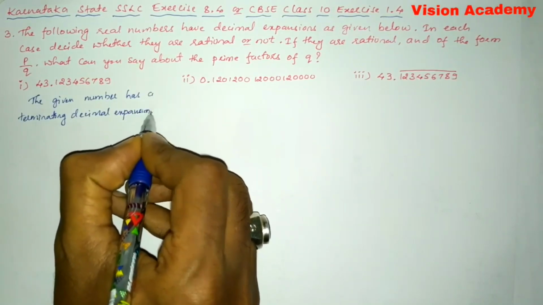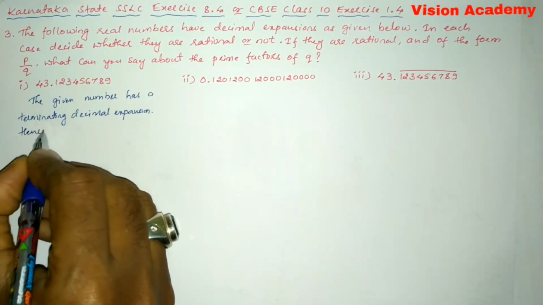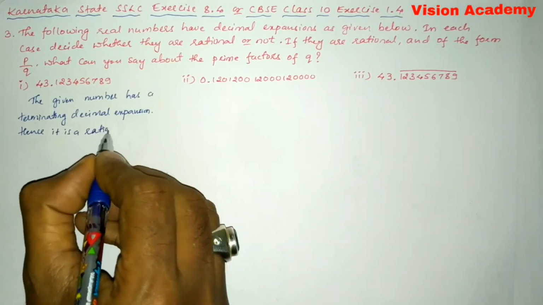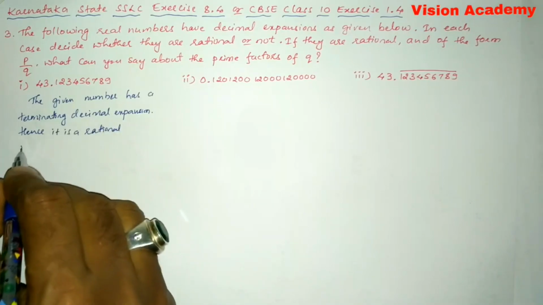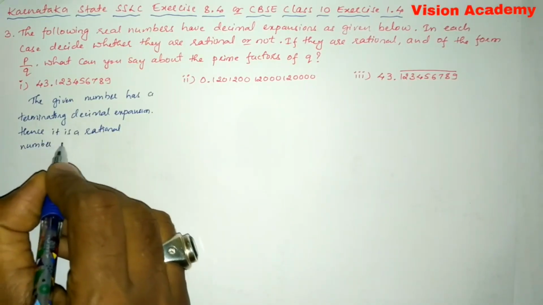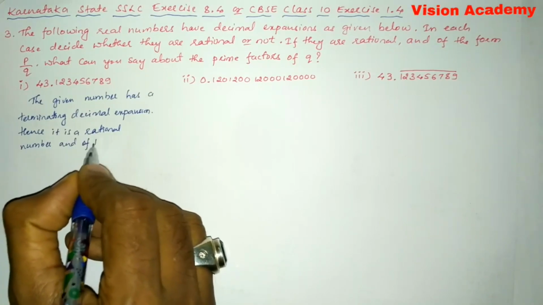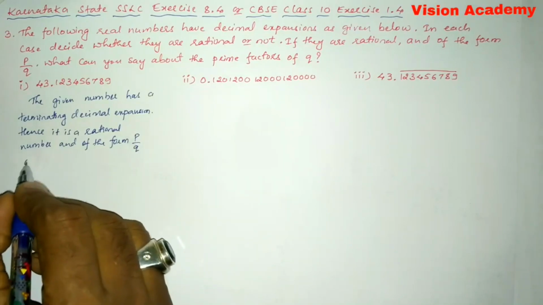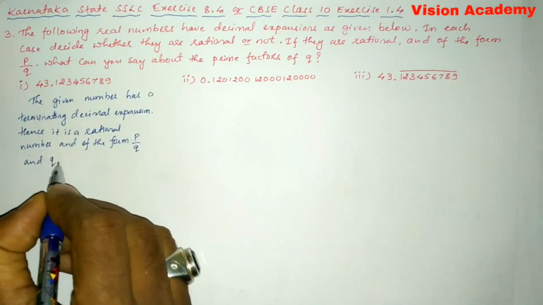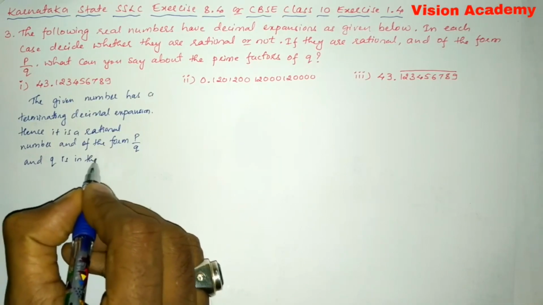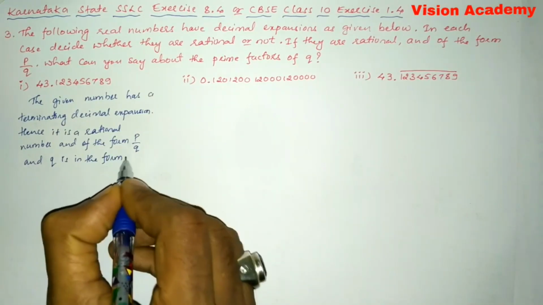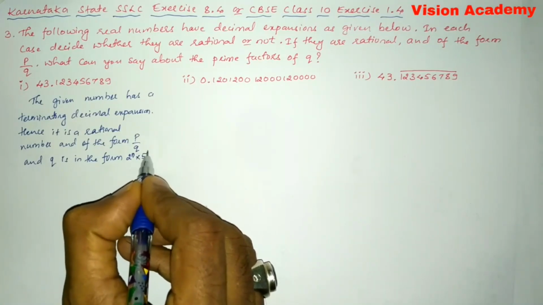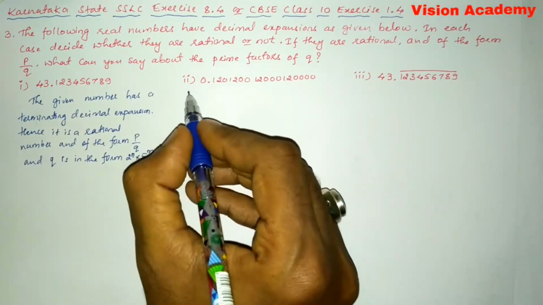Hence it is a rational number and of the form P by Q, and Q is in the form 2 to the power n into 5 to the power m. Now let us move on to Roman number 2.